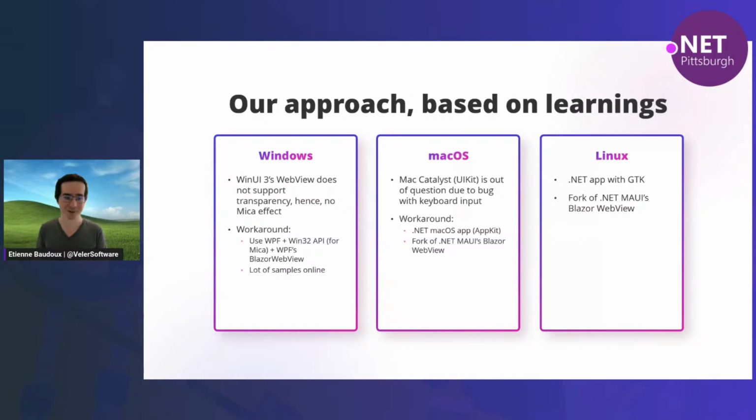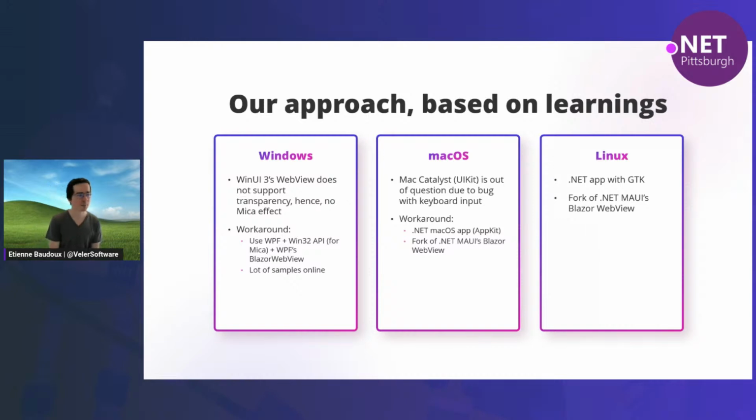So nice for us. And then we just use a few Win32 APIs to enable the Mica effect in WPF. It's a little bit more complicated than WinUI 3, on which you can do that in just one line of code. But yeah, there are a lot of examples online. You can just look at that on GitHub and they will just work out.